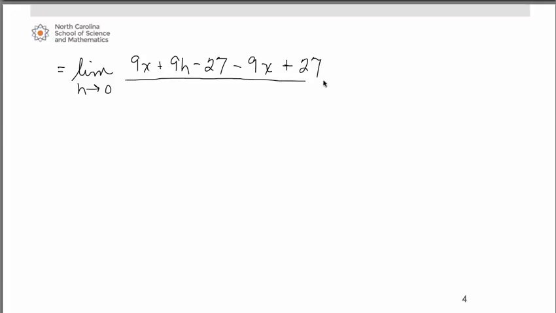So when we distribute the 9's in the numerator there, we'll have 9x plus 9h minus 27, and then minus 9x, so you can see those 9x's will cancel, and plus 27, so the 27's will cancel, and that's all over that denominator we had.